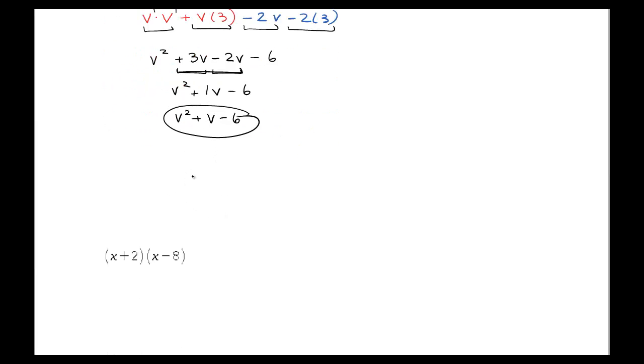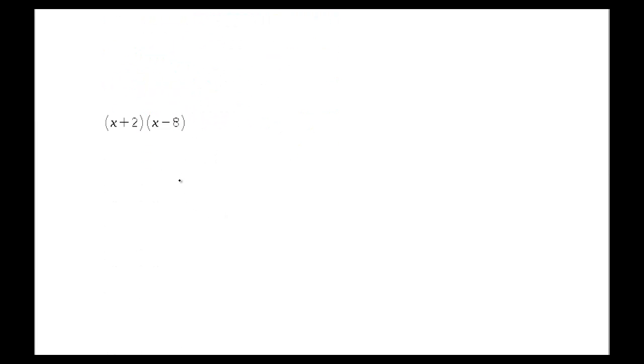Okay, let's do just one more example. Again, I take each term of the first binomial and I multiply it with each one of the second. So I have x times x, then I have a plus x times a -8, and then the next part is I'm going to take my 2, so I have plus 2 times x plus 2 times a -8, and I have 4 terms now.